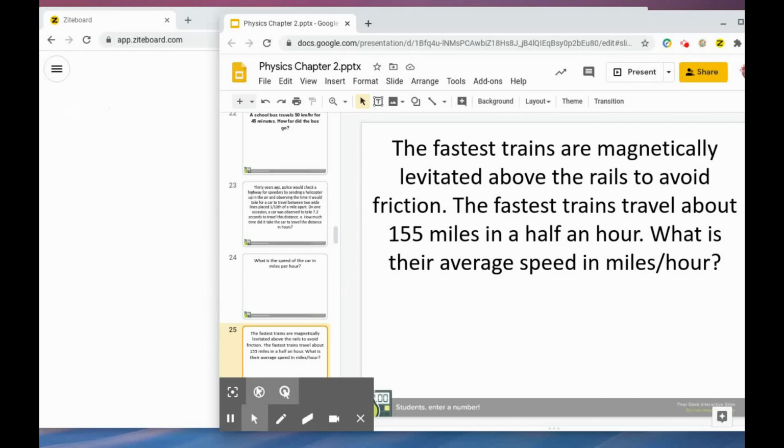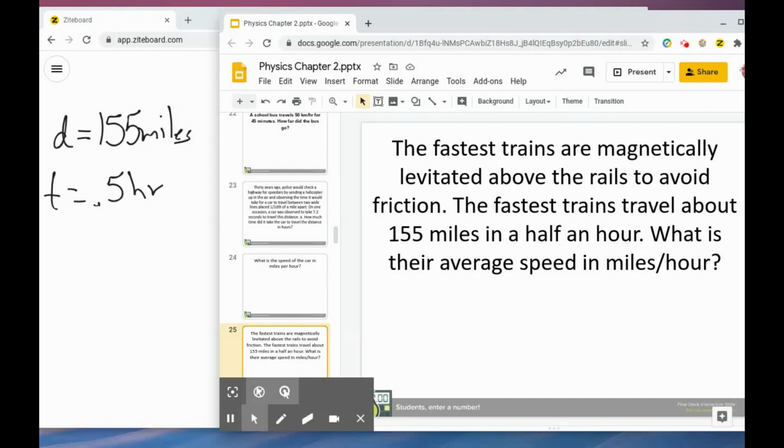In this problem, it says the fastest trains are magnetically levitated above the rails to avoid friction. The fastest trains travel about 155 miles in a half an hour. What is their average speed in miles per hour? So if their distance is 155 miles, and that's in a half an hour, so time is 0.5 hours.